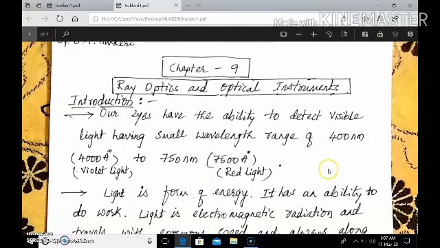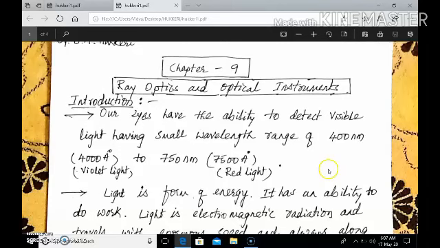Our eyes cannot detect invisible radiations like gamma rays, X-rays, ultraviolet rays and infrared rays. So solely we'll be discussing visible light in ray optics.